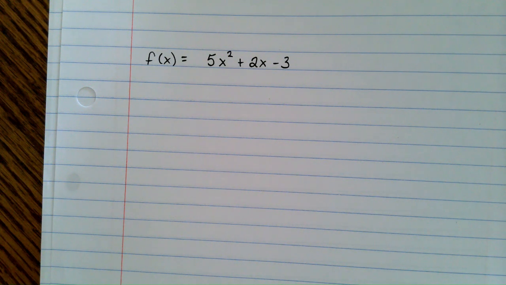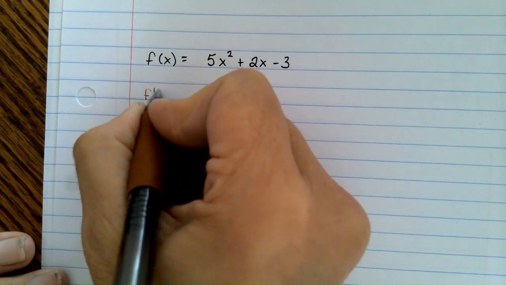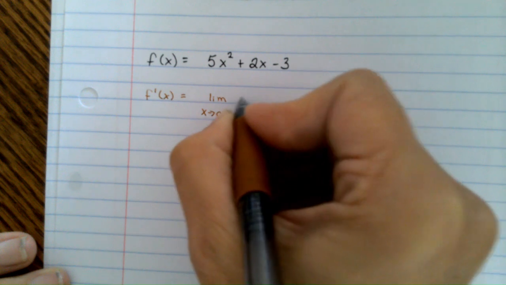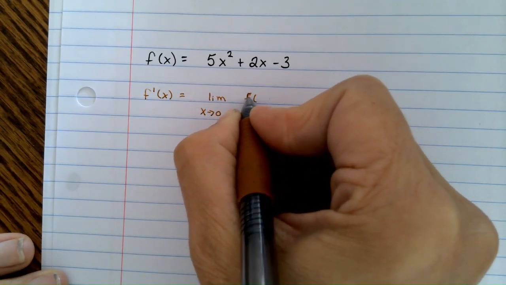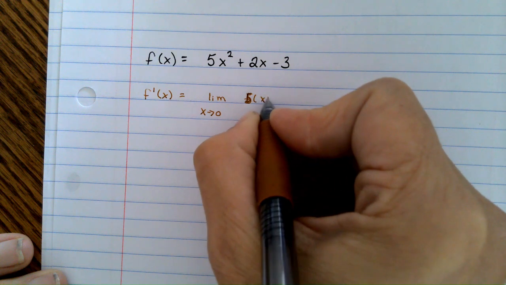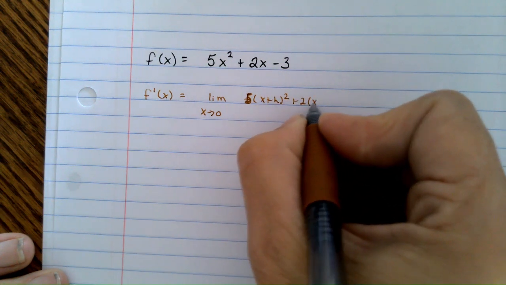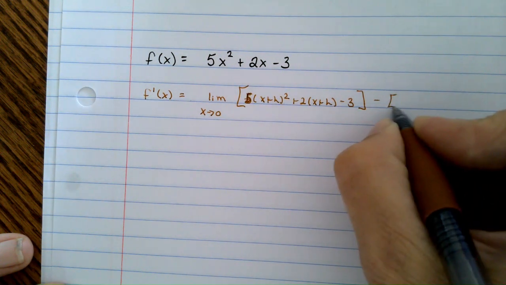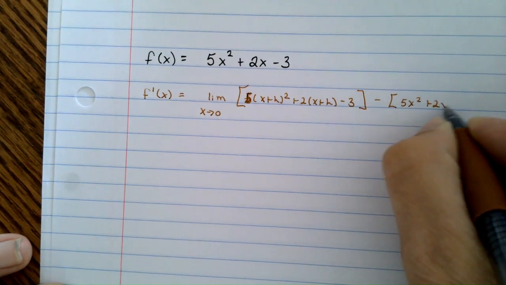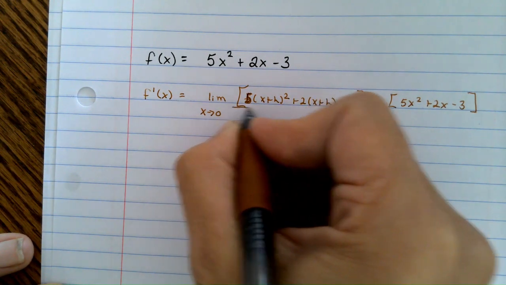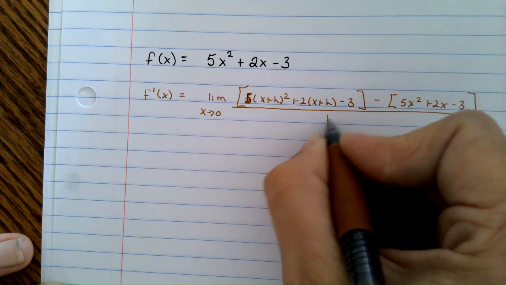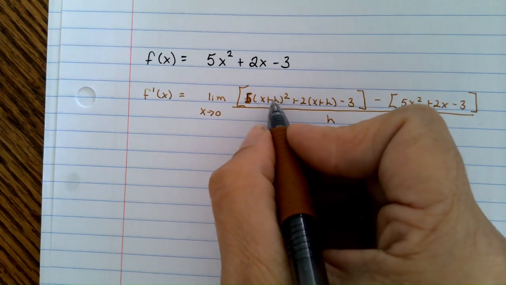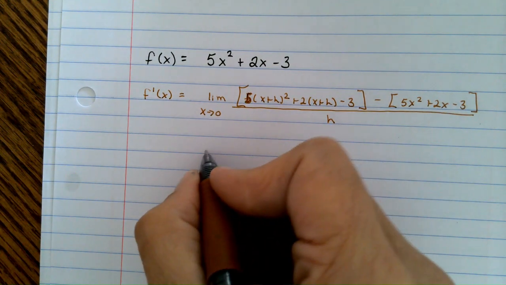All right, first derivative will equal the limit as h approaches 0 of 5 times (x plus h) squared plus 2(x plus h) minus 3, minus (5x squared plus 2x minus 3), all divided by h. This time, you've probably done it so many times by now, I'm going to do (x plus h) squared and multiply it by 5 all in one step.